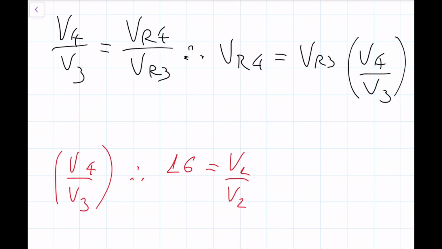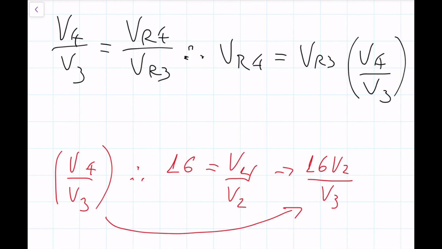And the other thing that we know is that 1 and 4 are the same, right? So this could be V4 over V2 if you wanted to. So I can do that substitution. That's going to be 16 V2 over V3, right? These guys are equivalent.